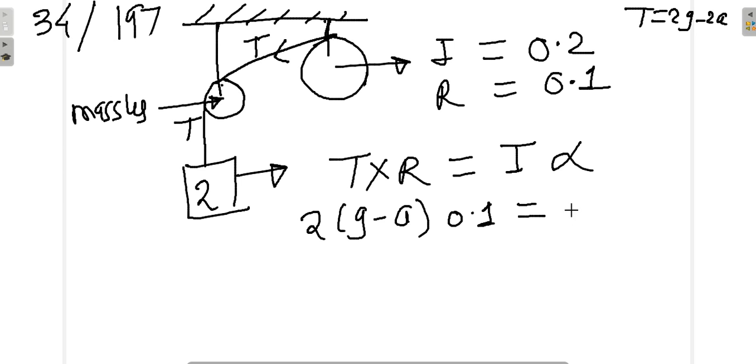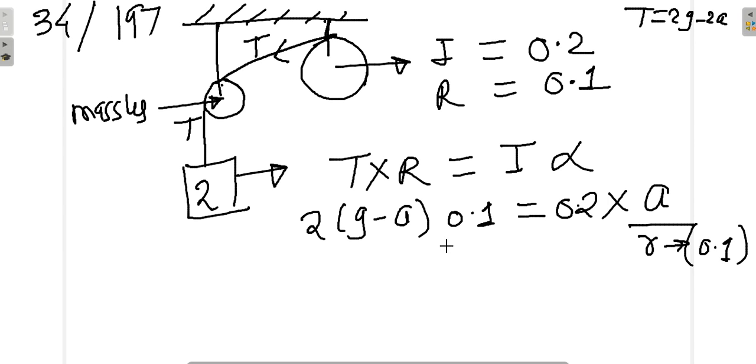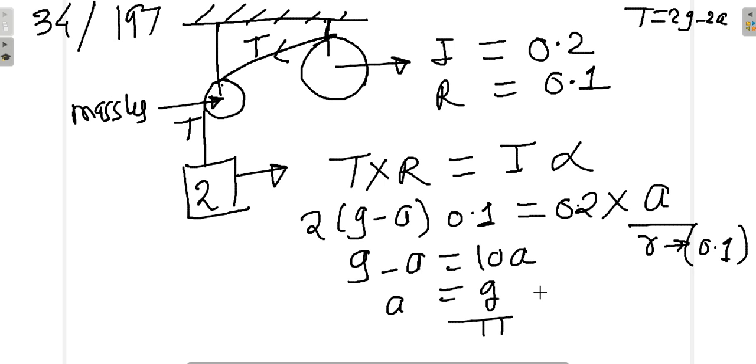I is given as 0.2 and alpha is a upon R, again this R is 0.1. So this 2 into 0.1 is 0.2. The 0.2 will cancel, and this will go up. It will be 10a. So g minus a will be 10a. So a will be g upon 11.